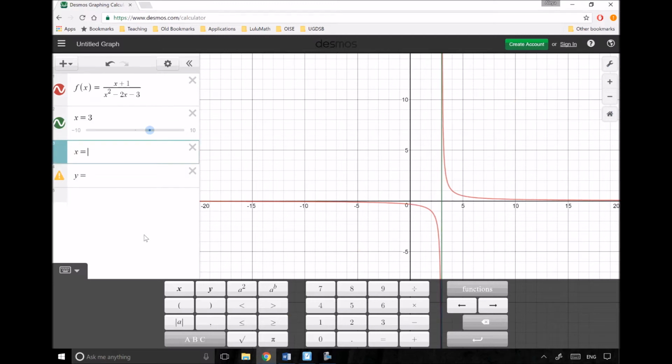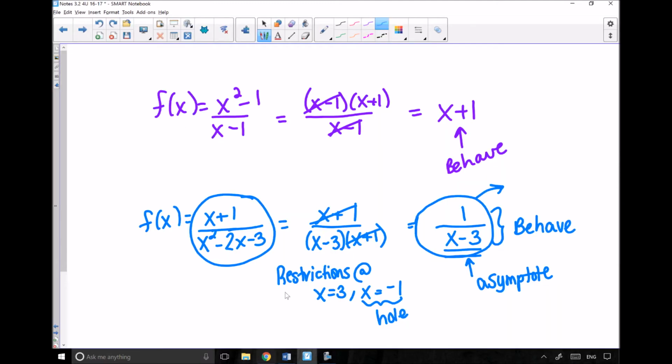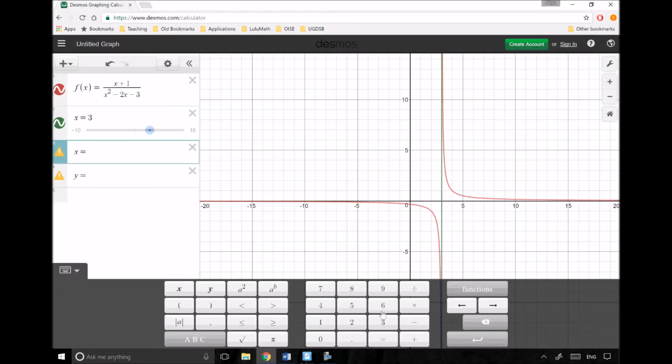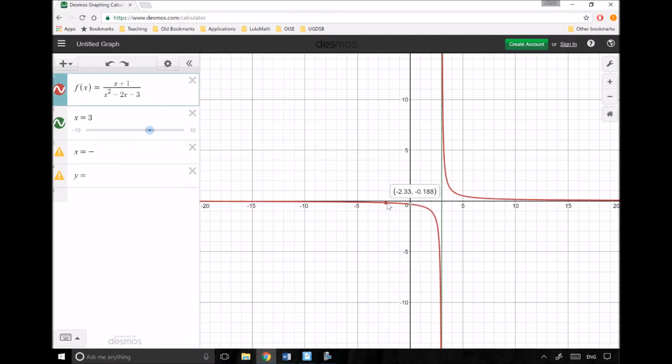Now, if I were to look and see, do I have an asymptote at x equals -1? Let's go ahead and do that. There is no asymptote at x equals -1. However, if I were to follow my graph right here and go to -1, it would try really hard to get close to -1, but then at -1 it's undefined, which means that I have a hole at x equals -1.